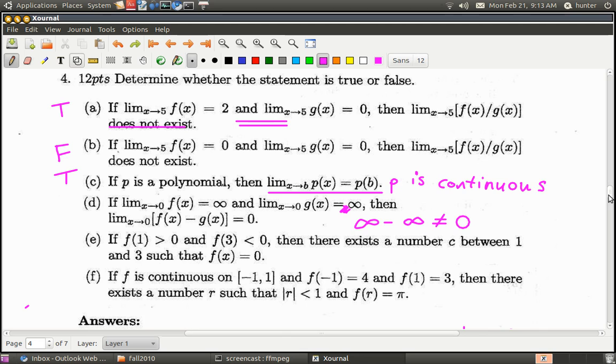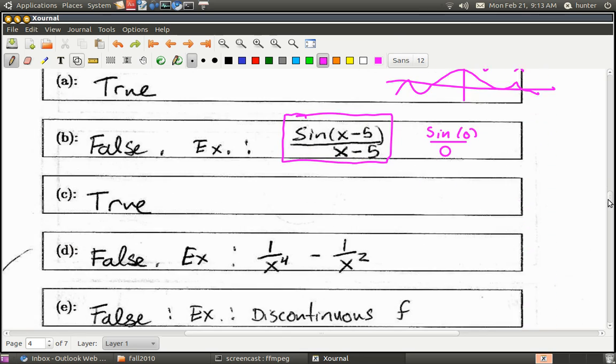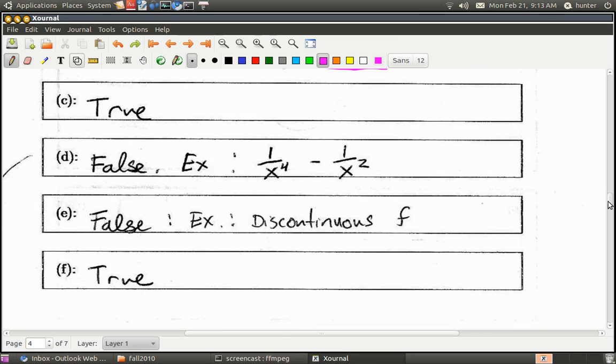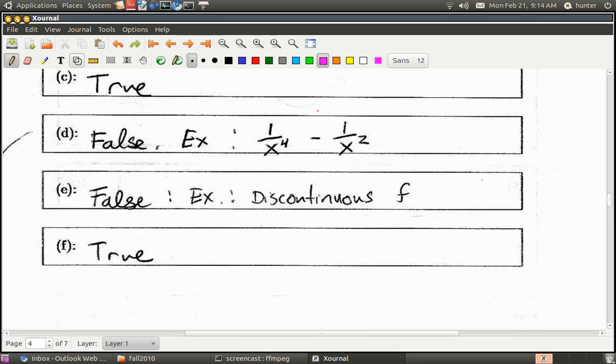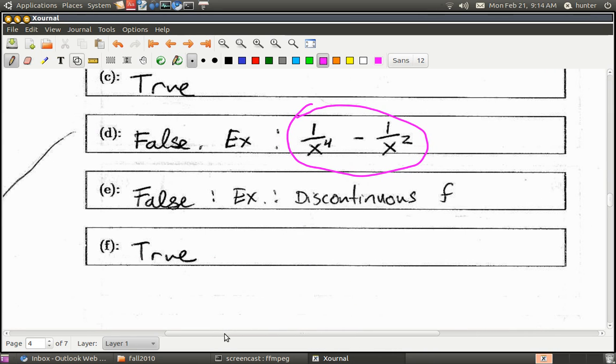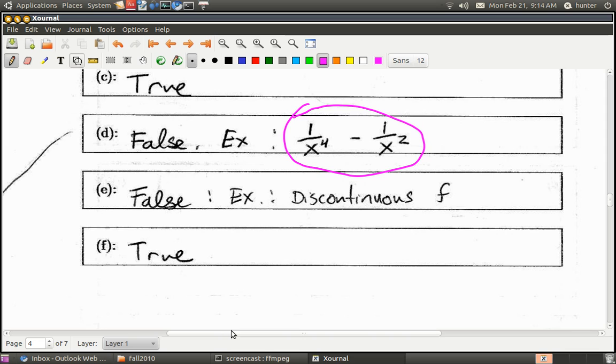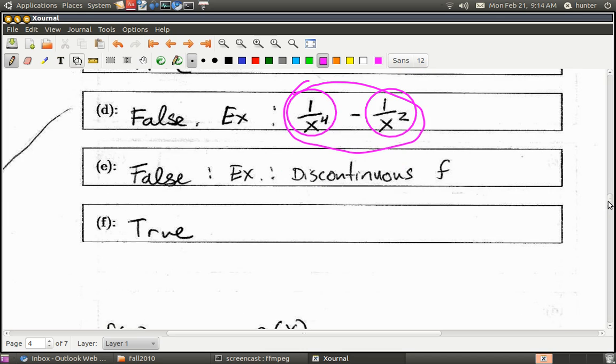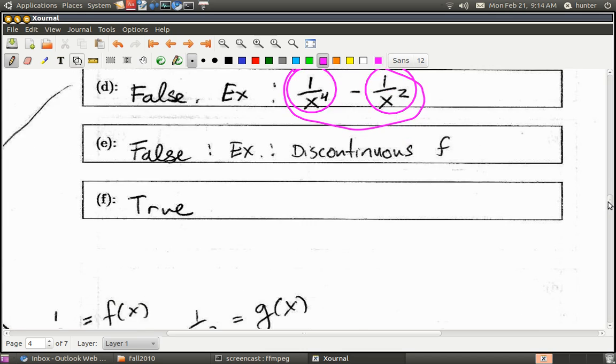And I think I give an example of that here where I say it's false. So look at what happens here as x goes to 0. Both this goes to infinity, and this also goes to infinity. If you look at their graphs, you'll see that there's a double-sided asymptote going up to infinity for both of those as x goes to 0.